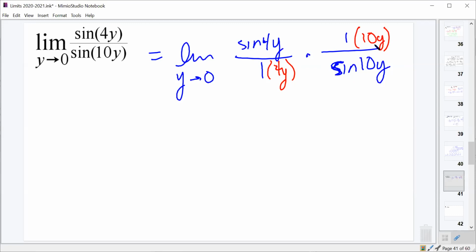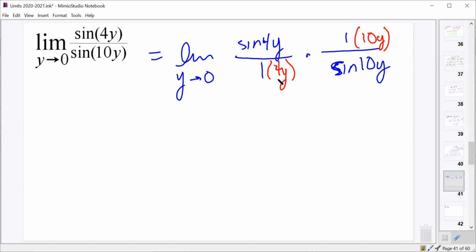So what have I done? First off, I've multiplied the numerator of this whole thing by y, and I've multiplied the denominator of this whole thing by y. Those cancel out, right? I mean, I need to have them there, but that's okay. I multiplied the top by a y, and I multiplied the bottom by a y. No algebraic issue there. Would you guys agree? Yeah.